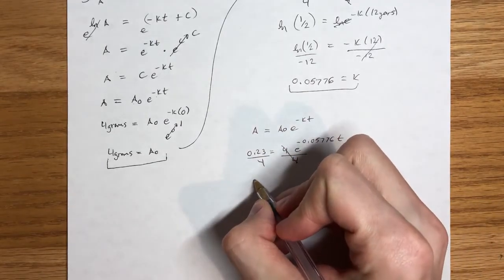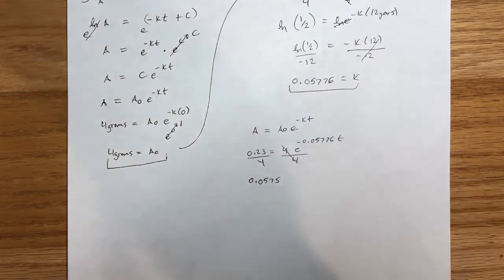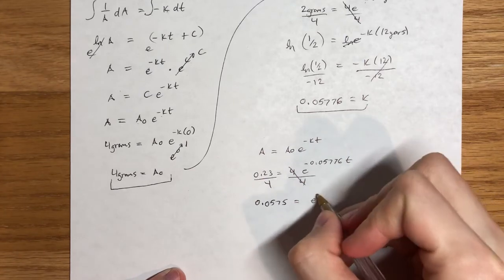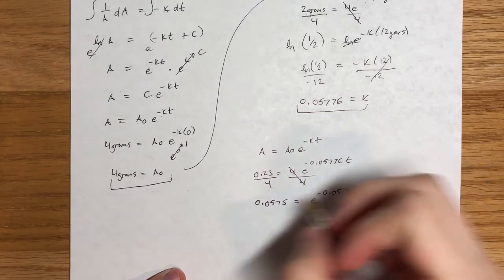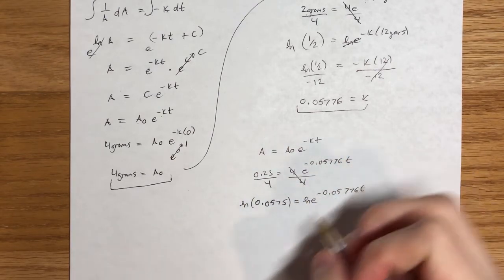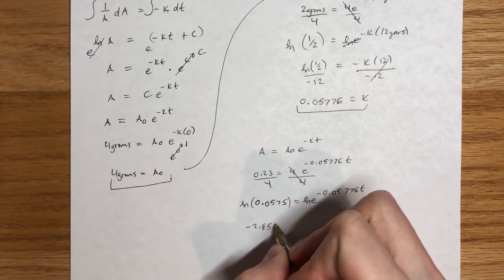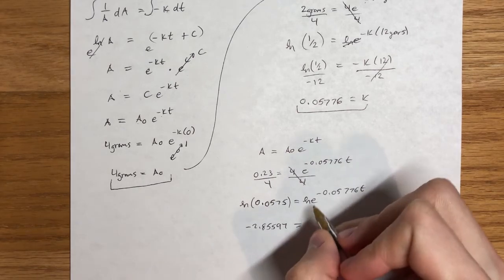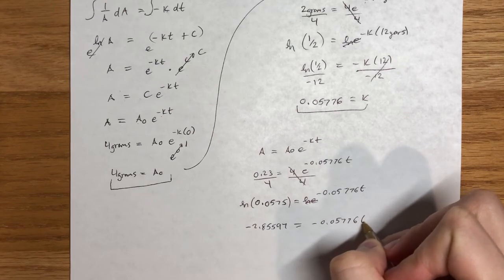After dividing by 4, we get 0.0575, and this value is equal to e to the negative 0.05776t. We take the natural log of both sides. On the left-hand side, we end up with negative 2.85597, and on the right-hand side, the e and natural log cancel, so we have negative 0.05776t.